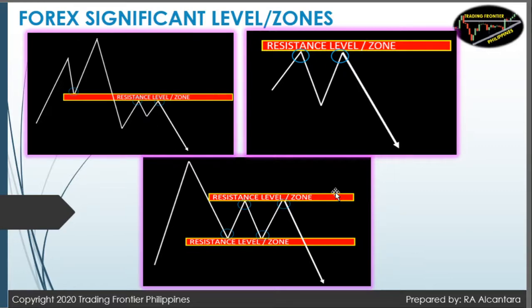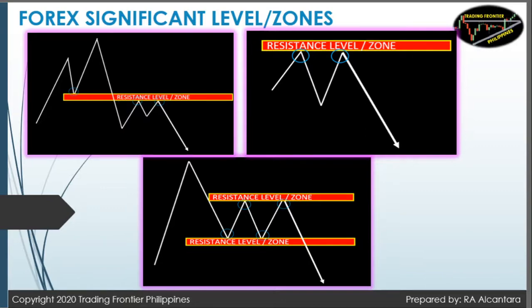So again, it doesn't matter what structure it is. However, you just have to identify multiple touches on a certain level or zone. So you will know that the price would react to it, and either it will push through or not. But then again, the more reactions the level has, the more significant it will be, and the higher the time frame you mark your charts, the more significant the level or zone is.